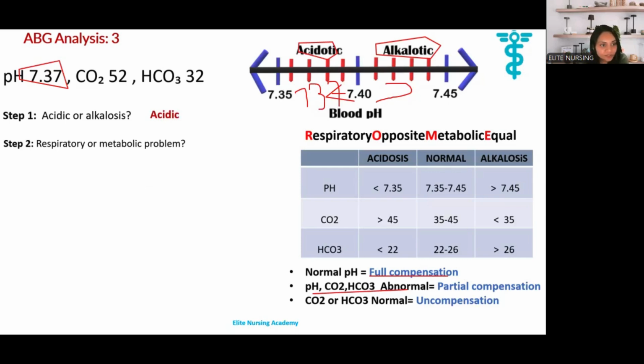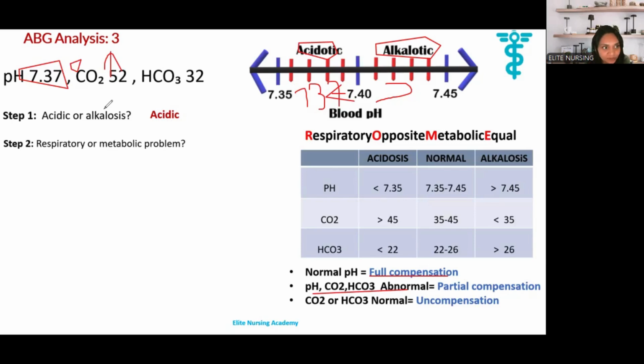Now, is this a respiratory problem or a metabolic problem? So let's look at the second number. CO2 is 52. The normal value of CO2 is 35 to 45. Greater than 45, so this is going in the higher direction. pH is low, CO2 is high, so we get the match here, respiratory opposite.